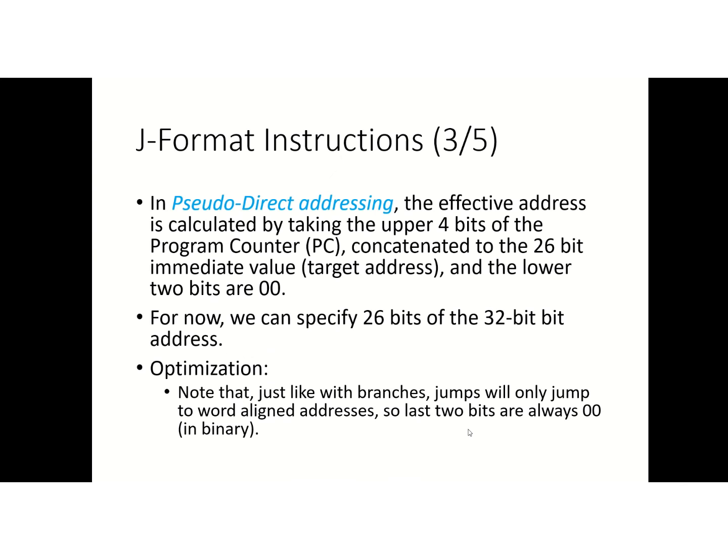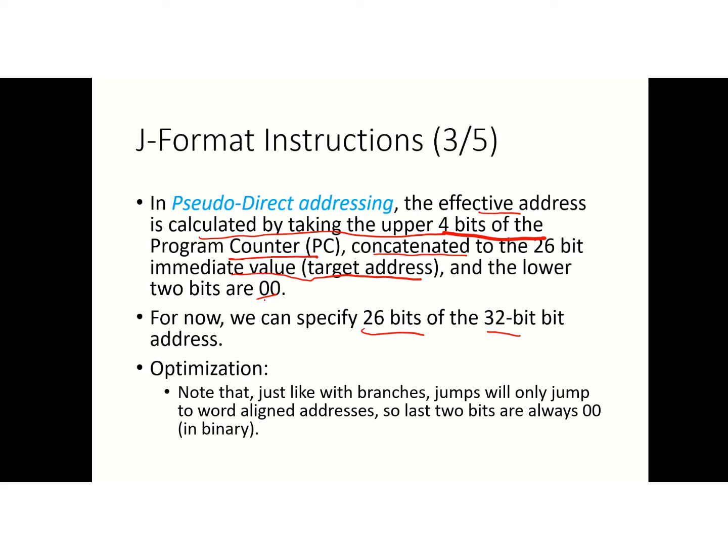In pseudo direct addressing, the effective address is calculated by taking the upper 4 bits of the program counter, concatenating it with the 26-bit immediate target address, and then the lower 2 bits are concatenated with 00. So for now, we can specify 26 bits of the 32-bit address.